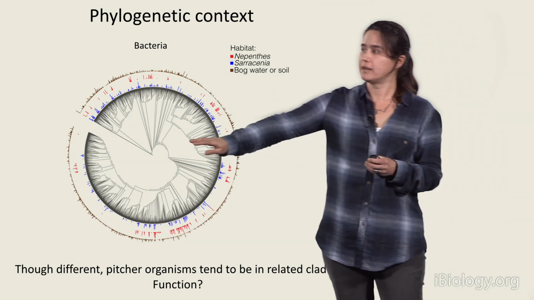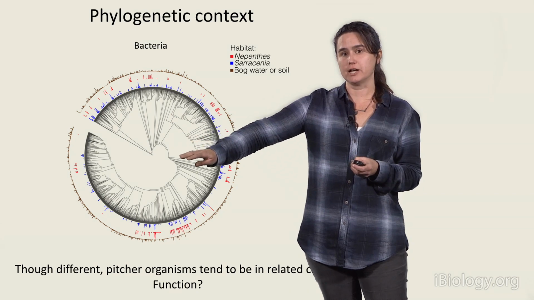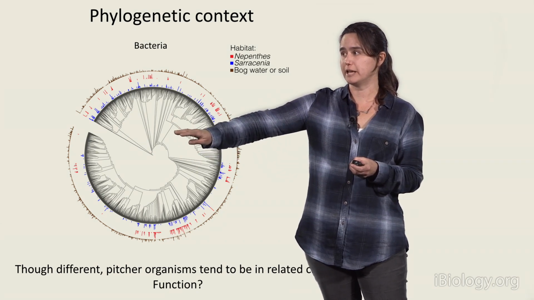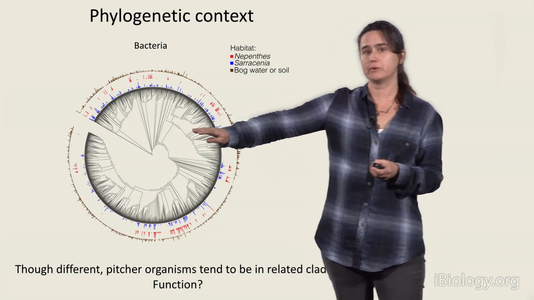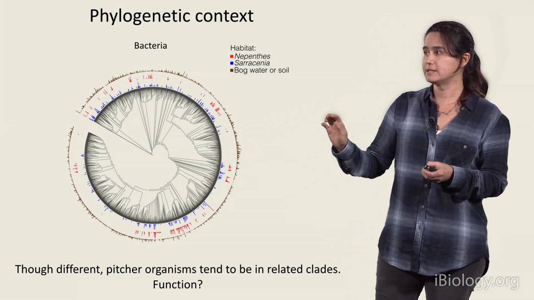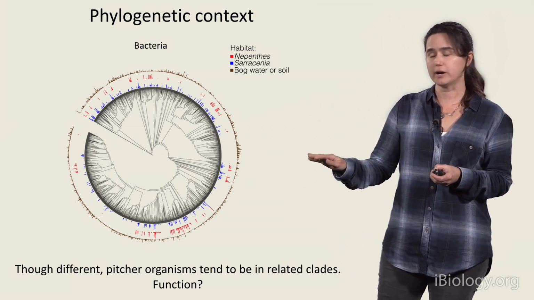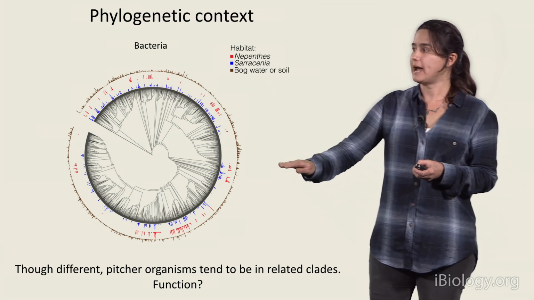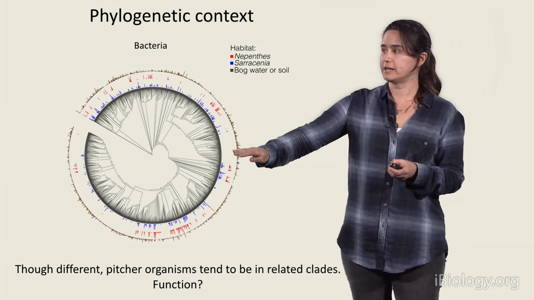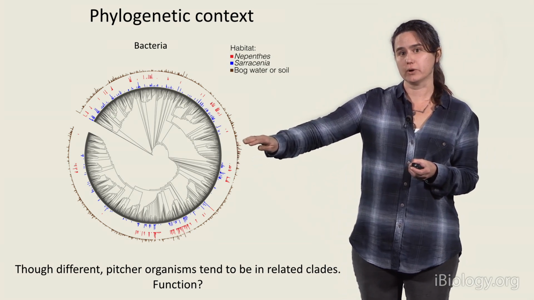So to illustrate that, this is a massive phylogeny, almost too dense to show you in a single image, of all of the organisms that we found in either Nepenthes, Sarracenia, or surrounding bog water or soil. The outer ring, the brown, are organisms that we find in bog water or soil.